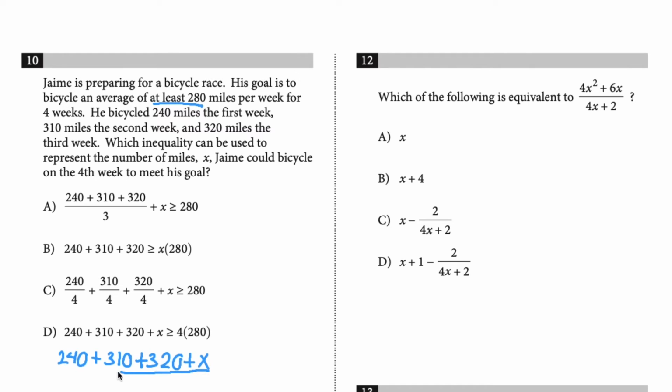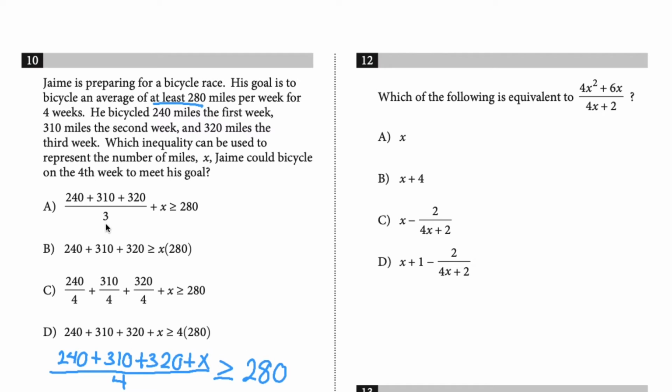We're going to divide all of this by 4 because we're finding the average over 4 weeks. And this needs to be at least 280. So this can be greater than or equal to, that's what at least means, greater than or equal to 280. So we need to see which one of these answer choices represents this inequality.